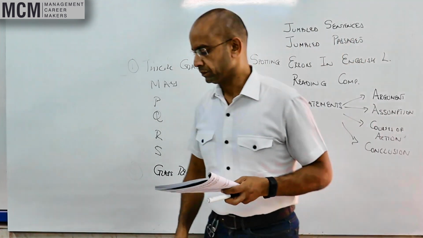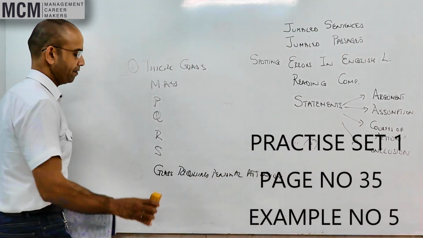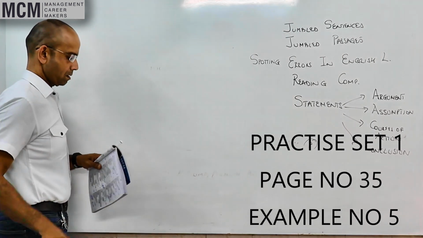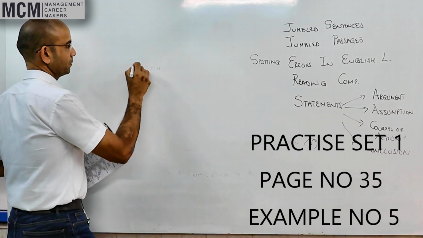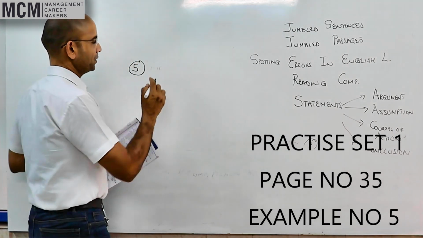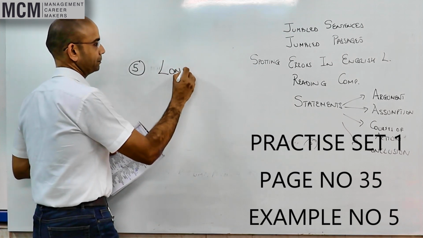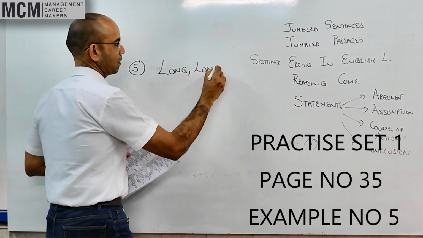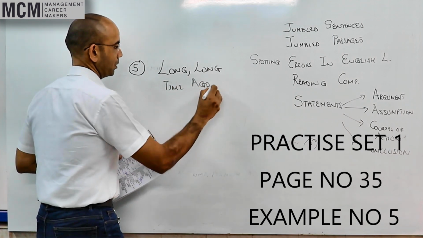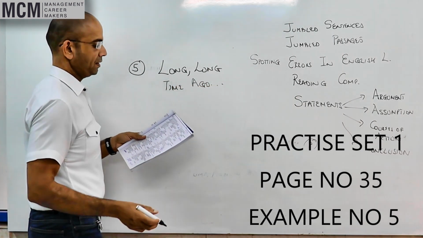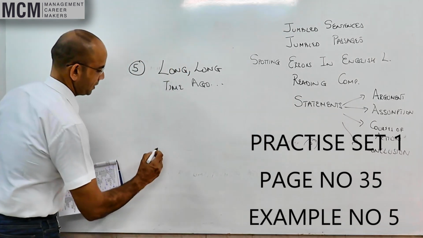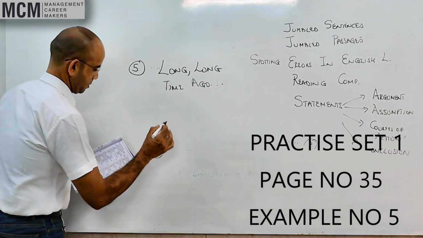The fifth one, page number 35. Long time ago. So this is like the start of a story. They're starting off with a story, alright, and they're ending with 6.